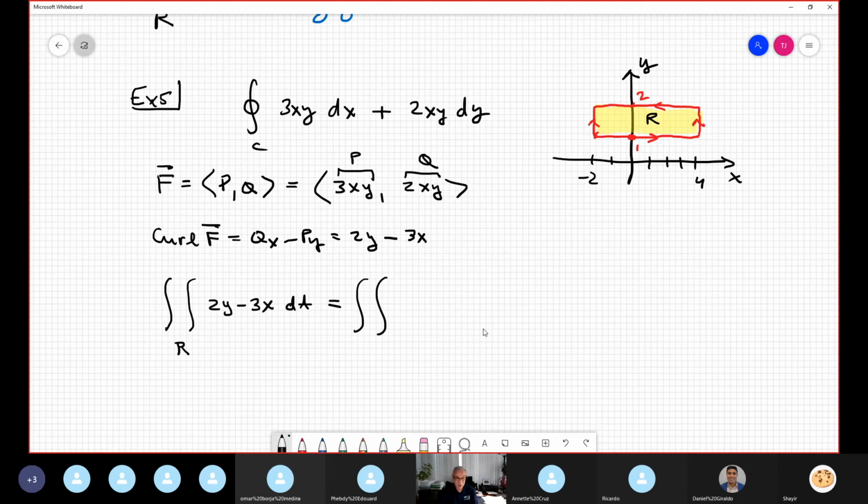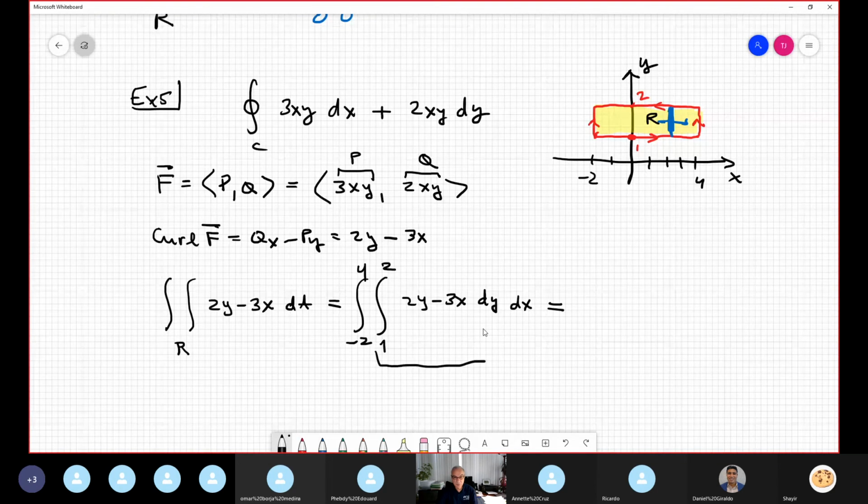So I copy 2y minus 3x. I prefer integration in this direction, so the dy part goes from 1 to 2, and the dx part goes from -2 to +4. The rest is calculus 1, an iterated integral: you integrate the first part, evaluate, and integrate the second part.